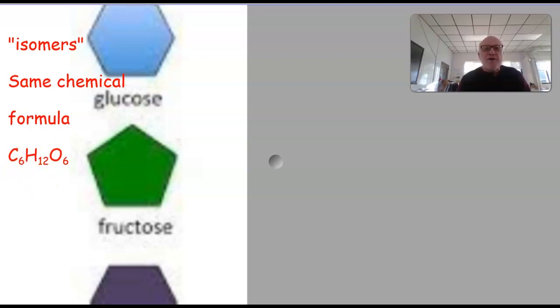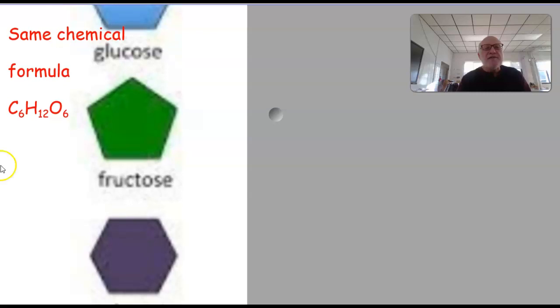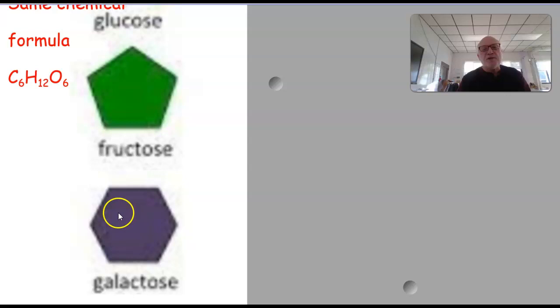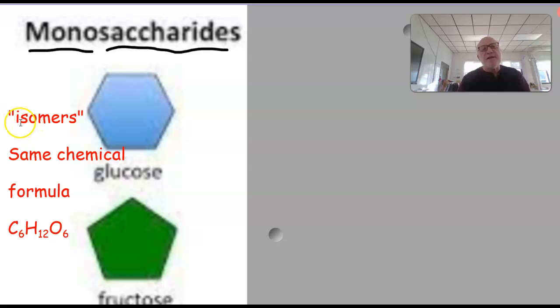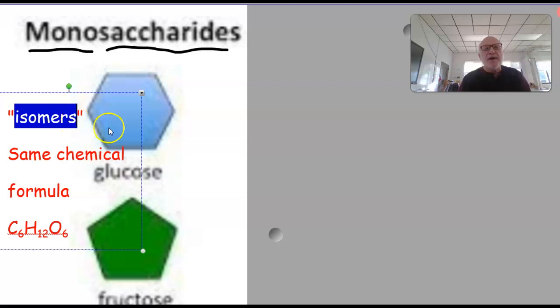And then there's a third version of C6H12O6 that's called galactose, okay? So this is back to a hexagon and just a slight rearrangement of the hydrogens and oxygens coming off of the corners of the hexagon, okay? These three isomers, iso means the same, so literally this means the same item in some way, right?